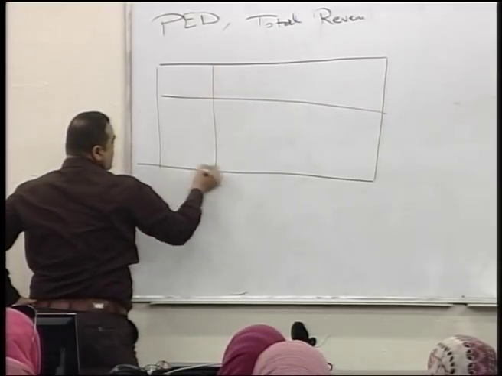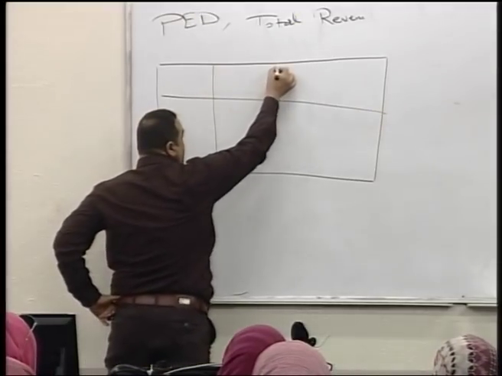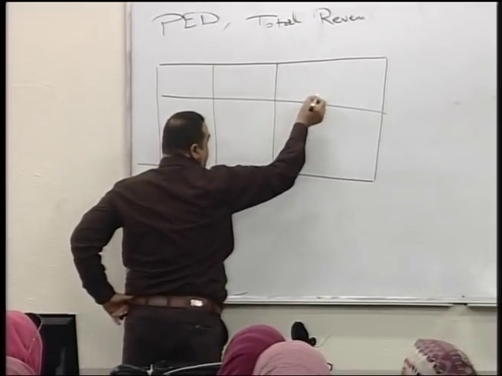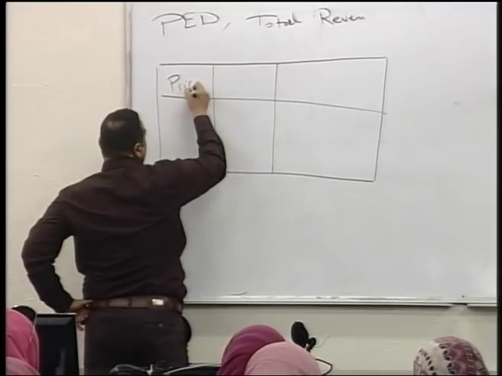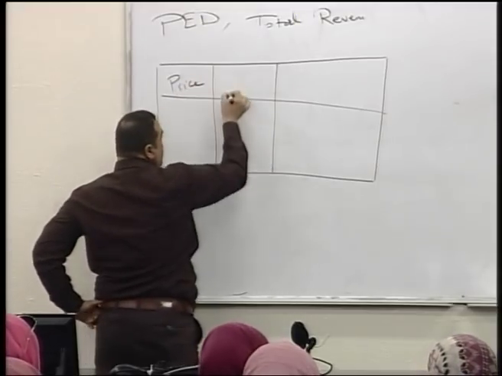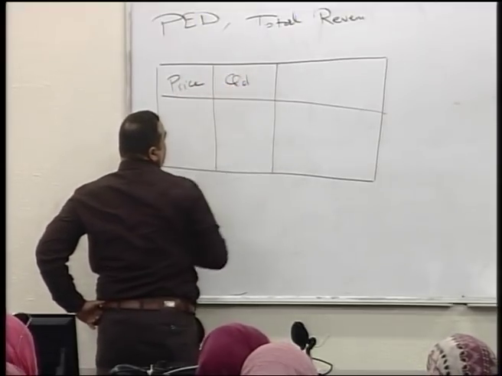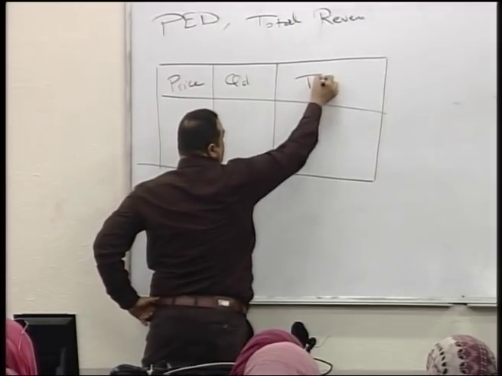Price per unit, quantity demanded, and total revenue.